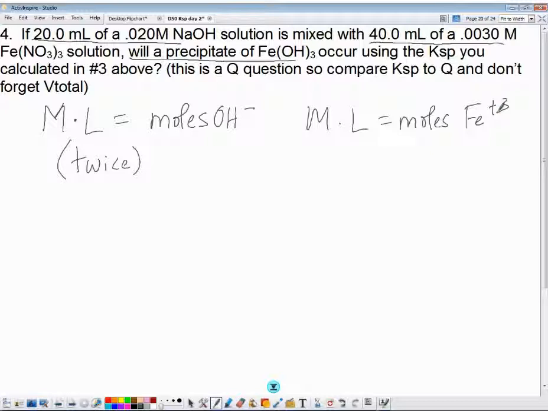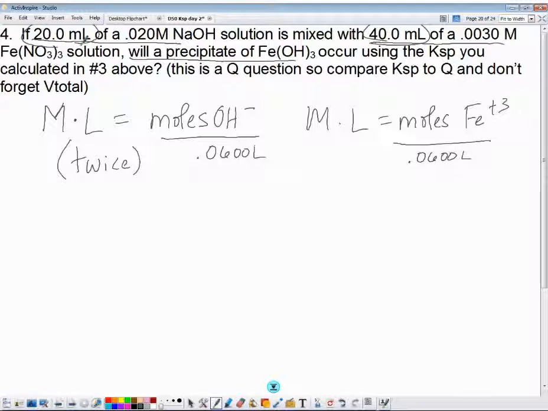So once I get moles, I need to do what, Hayden, with the mole values? You have to divide them by what? Total volume. Now, is total volume 0.06 liters? It is, because what is 20 plus 40? What is 40 plus 20? It's 60 milliliters, and how many liters is that? 0.06.